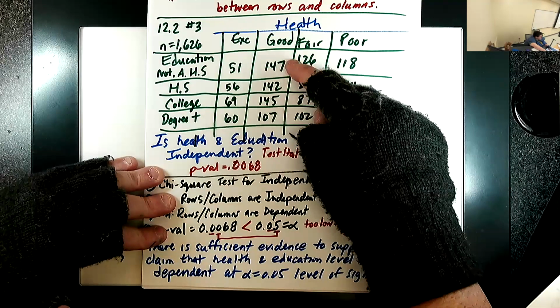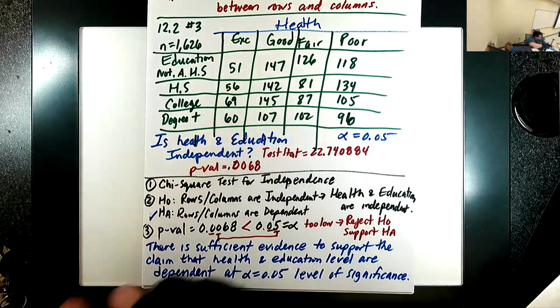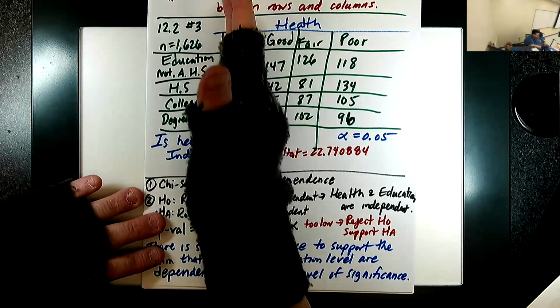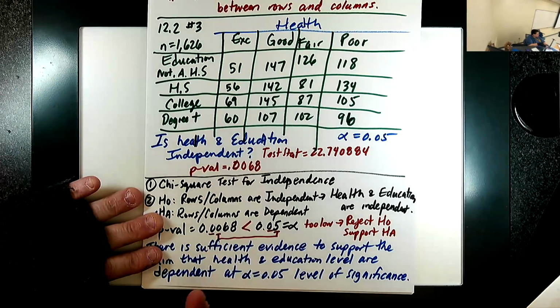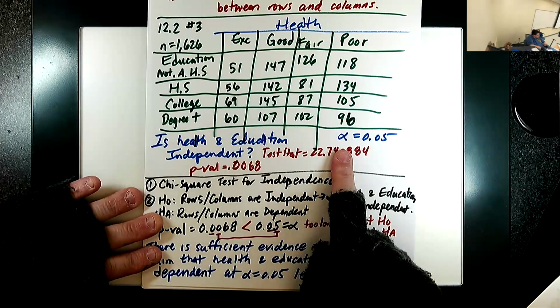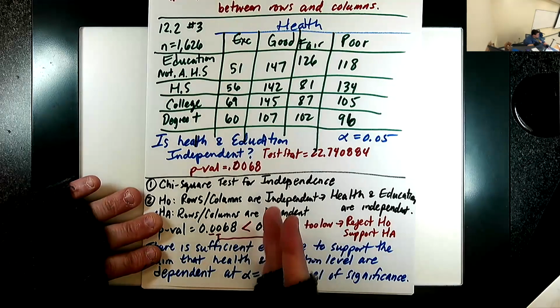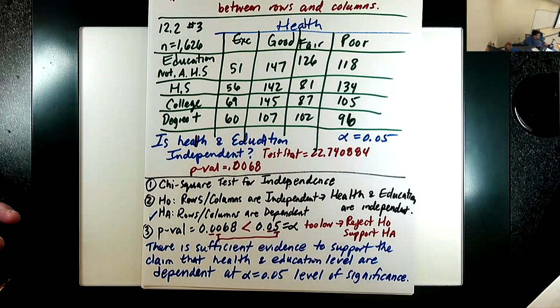There should be about the same number of people in the good health range. Does that make sense? Yeah. So when you're eyeballing it, you're looking for stuff like that. Does the column stuff kind of match all down the column? The individual columns don't need to match. It doesn't need to be like 80 across the board. The question is, going down the columns, does that match?